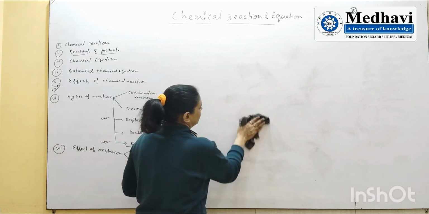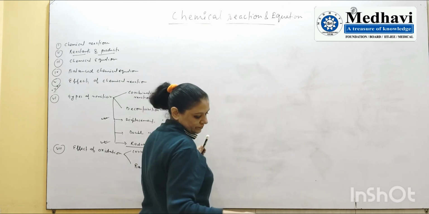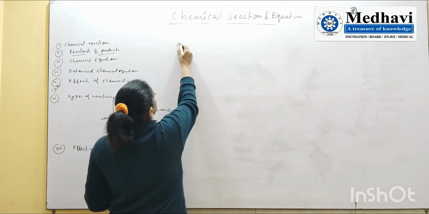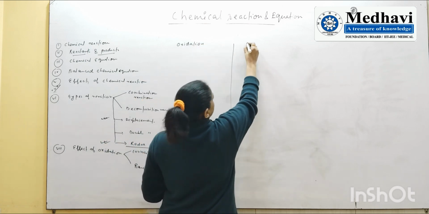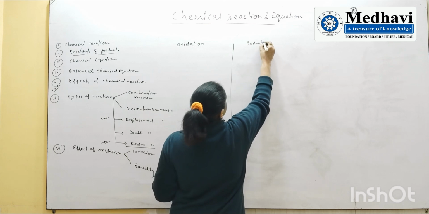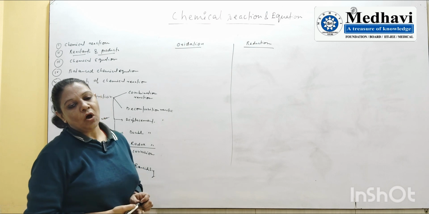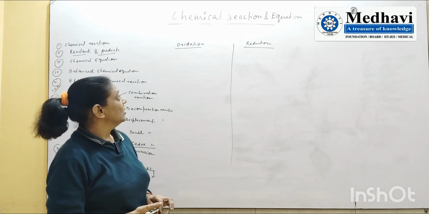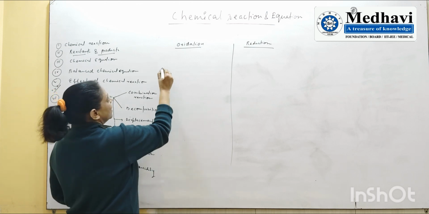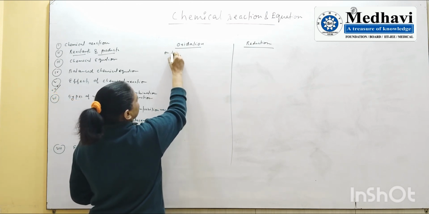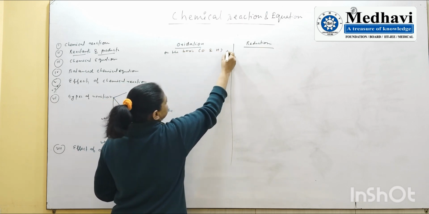First, you have to know the differences between oxidation and reduction. There are two concepts we use to distinguish oxidation and reduction. First is on the basis of oxygen and hydrogen.